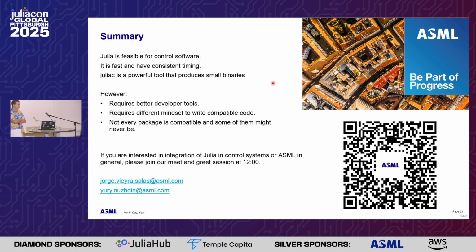Thanks for the great talk. I have one question. Do you ever have a use case where Julia needs to create an object that then needs to get passed back to the upper layer that's in C and C++? And if so, how do you handle that?